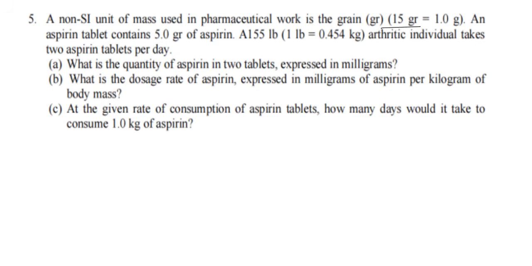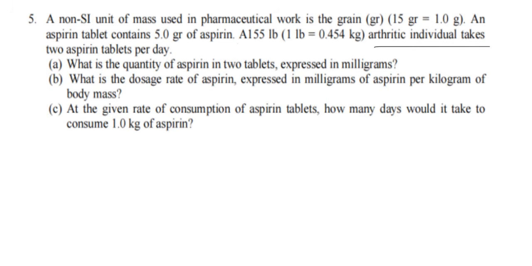And 15 grain is equivalent to around 1 gram. Then an aspirin tablet contains 5 grain of aspirin. Then a patient weighs 155 pounds, and 1 pound is equivalent to about 0.454 kg.